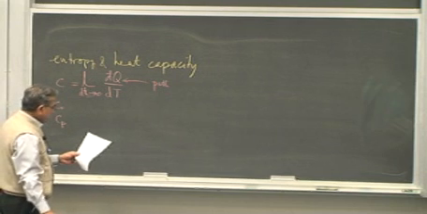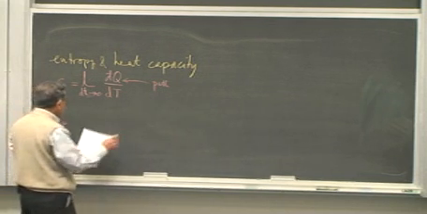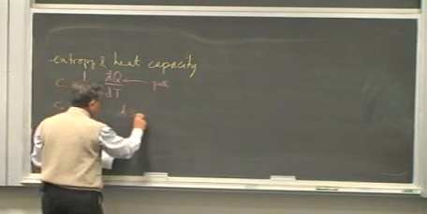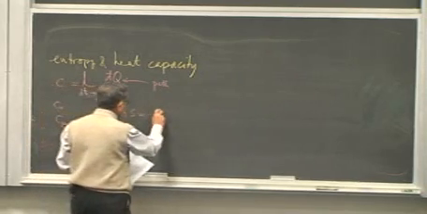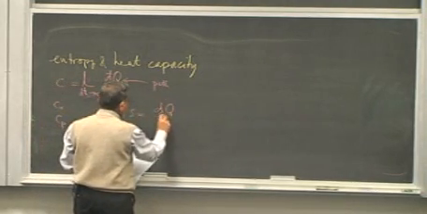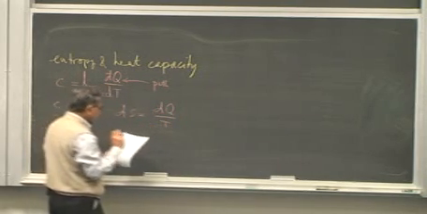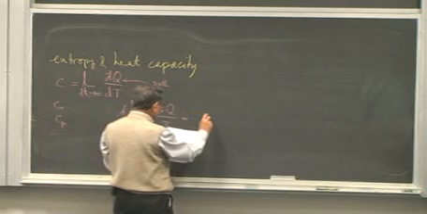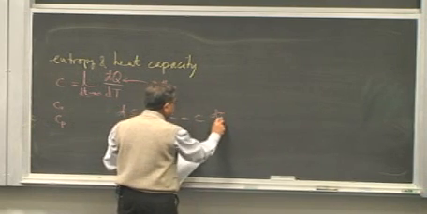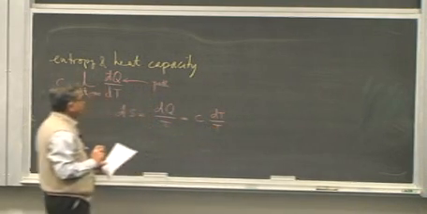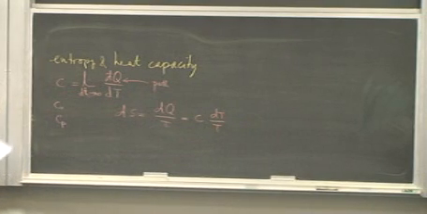In the case of entropy, we take the entropy change dS as dq by T, not dT, and you rewrite this as C times dT by T, where C is heat capacity.